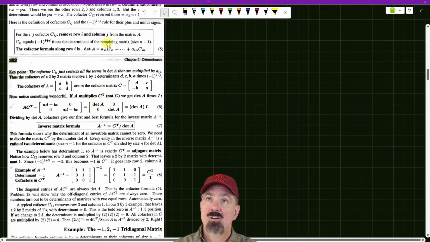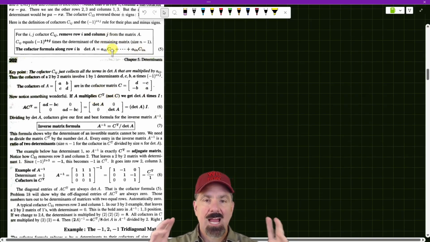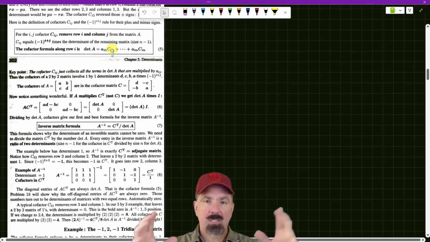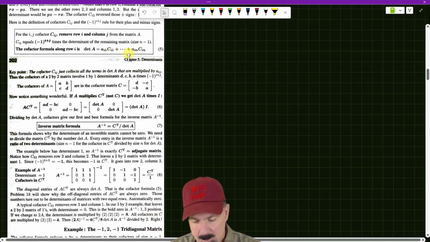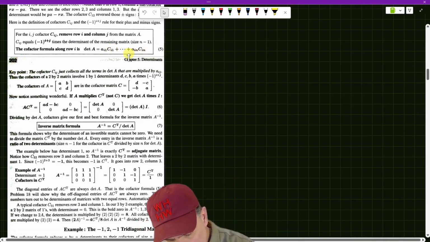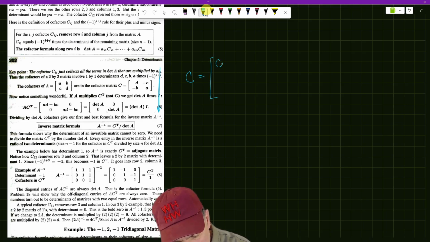And understanding this formula and understanding how you can use it compounded is something that we want to make sure that we understand. So beyond that, Strang gives us and starts talking about, well, we could build a matrix, which he calls the matrix C, which is equal to, for example, C11, C12, C13, etc., C31, C32, C33.